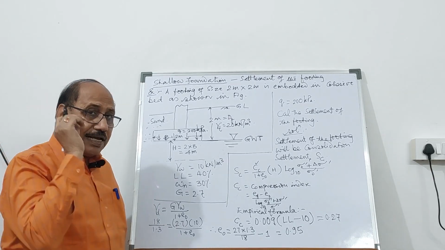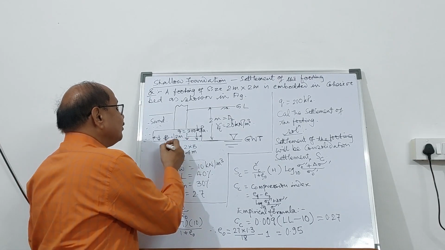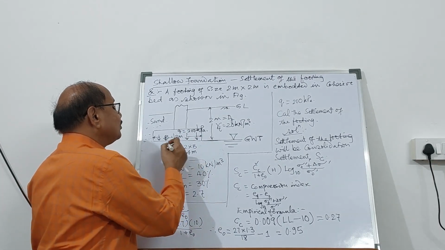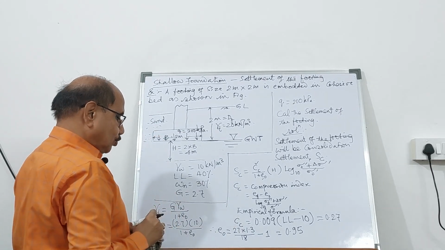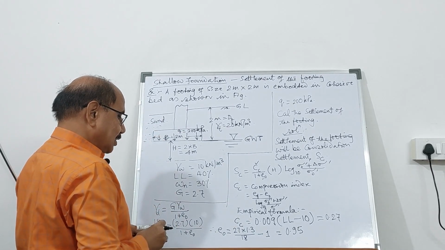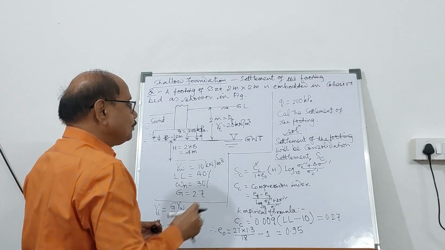Now, as per IS 8009, we should divide this whole depth into 3 parts.